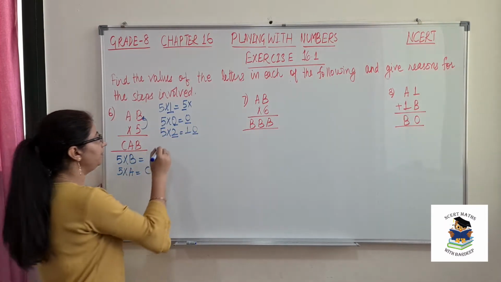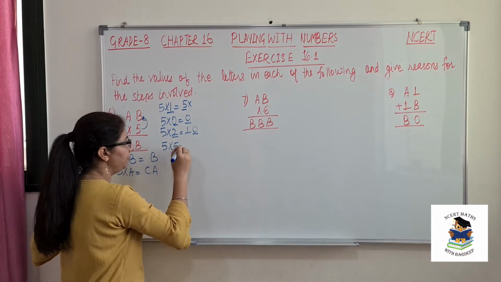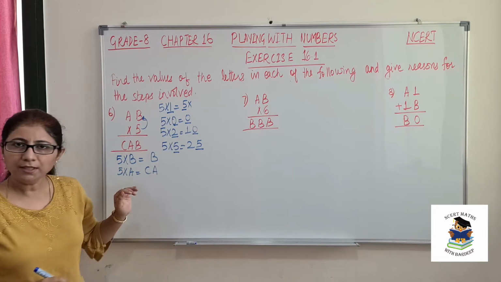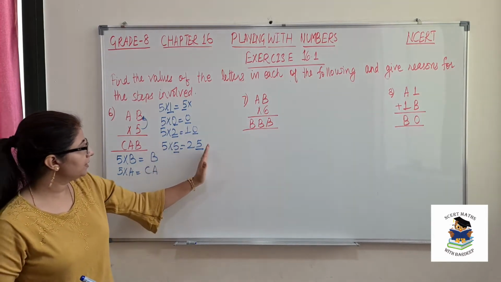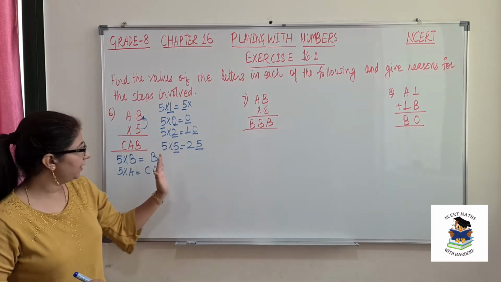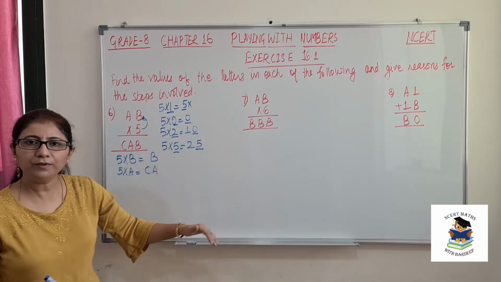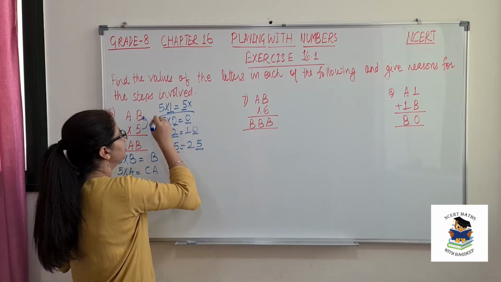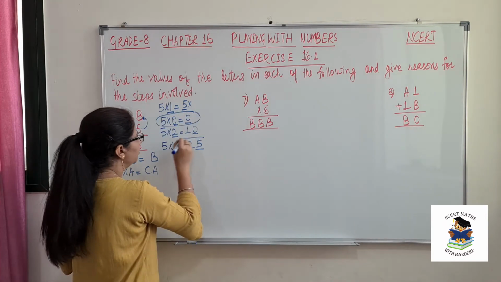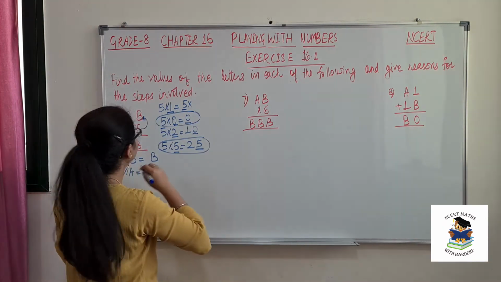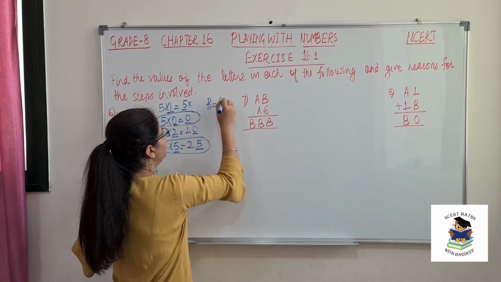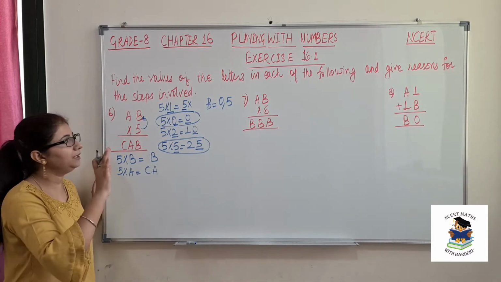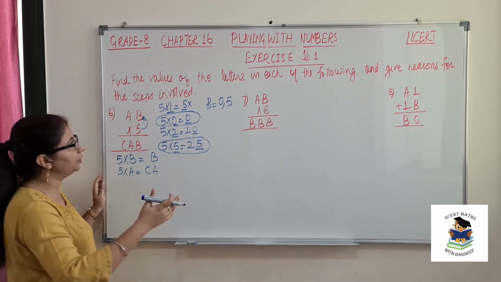But when I put 5 into 5 as 25, so this digit and this digit can be same. So 5 into 6 is 30, 7 is 35, 8, 40. So we will not get same number. So I can see that either it should be 0 or it should be 5. So we have B as 0 or 5. So B can be either 0 or 5. We will decide what it is.